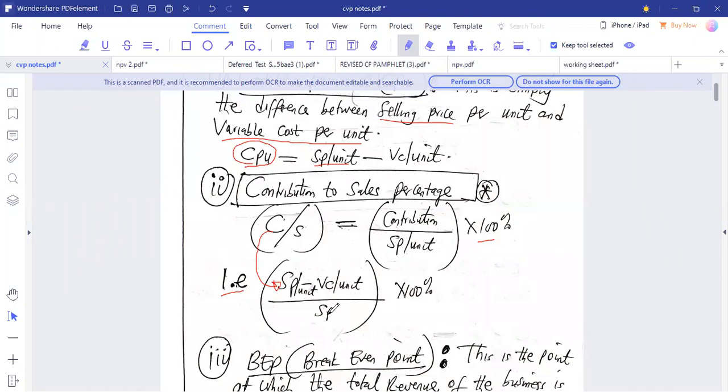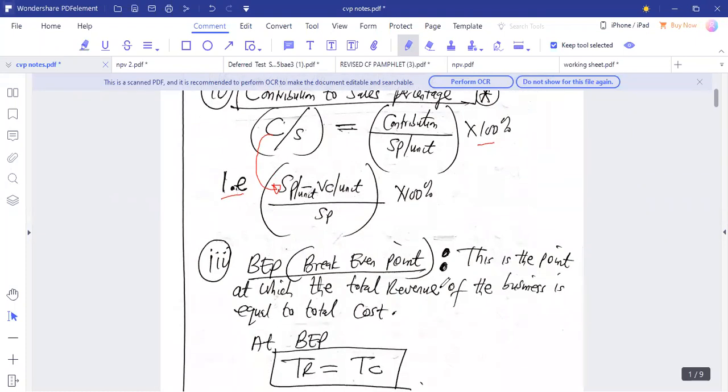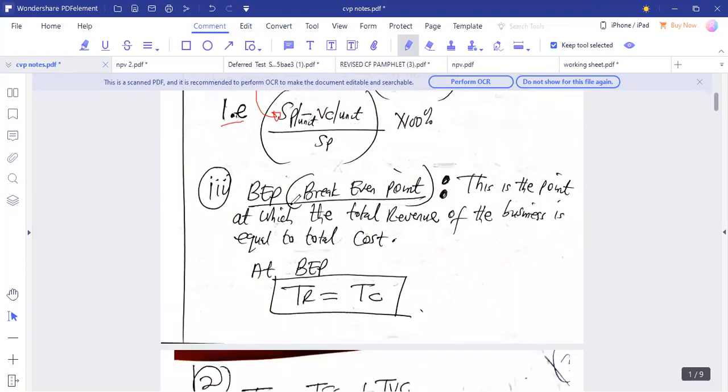All right. Getting down to the other one, which is the BEP, the break-even point. This is the point at which the firm is neither making profit nor loss. The BEP is the point at which the total revenue of the business is equal to the total cost of the business.